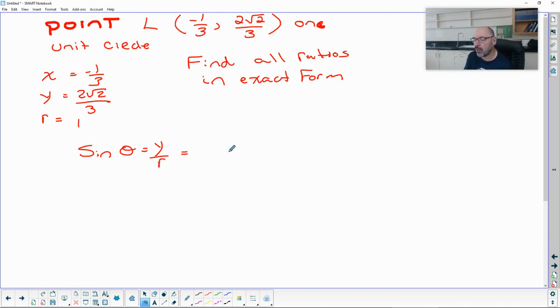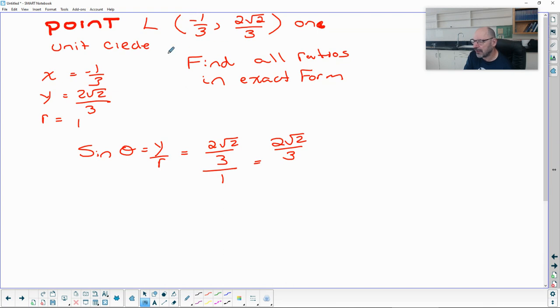So if I take y, this number here, 2 root 2 over 3, divided by 1, that's the same thing. And you'll find that the sine value is always your y value on the unit circle, because r is 1, right?